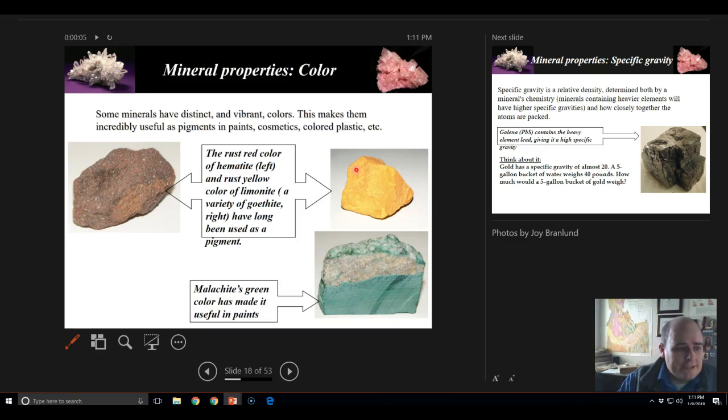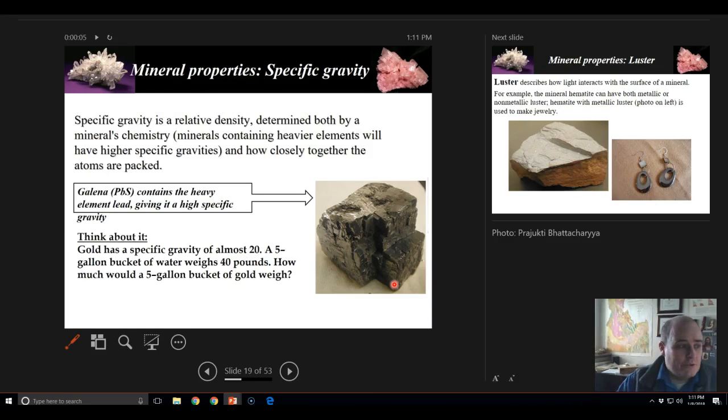Now, goethite or limonite here is yellow. So if we take that yellow out of that material, we can use it in dyes for yellow paint and things like that. For malachite, we can use its green color in paints and other dyes for green, right? Or azurite is another example, which we can get for blues. So we can use it for dyes based off of the color that we have for those uses.